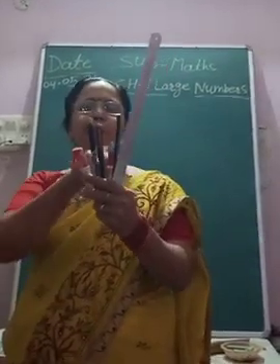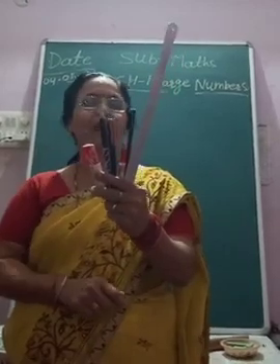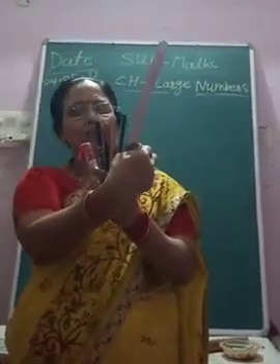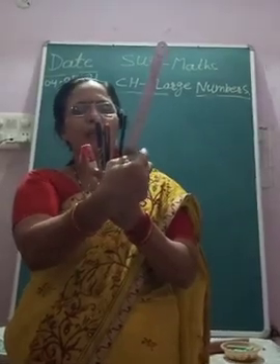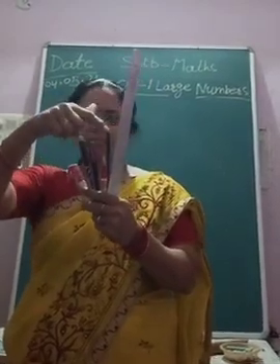Can you tell me the places? The places of these items are fixed. If I ask where the pencil is, you will say from here starting, because you know you have to start reading from ones. So you will say, ma'am, the pencil is on the 10th place.